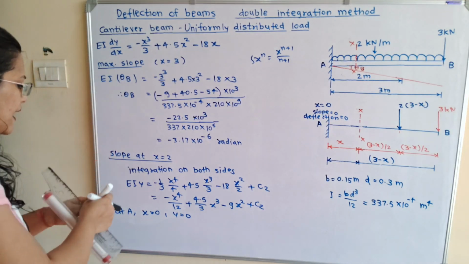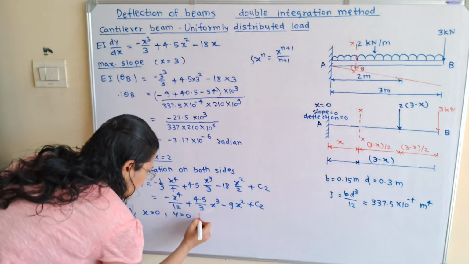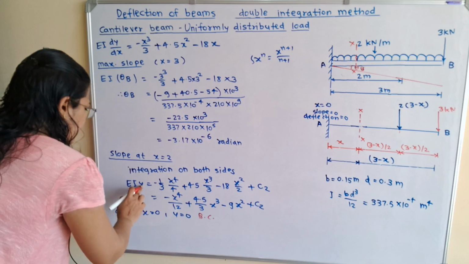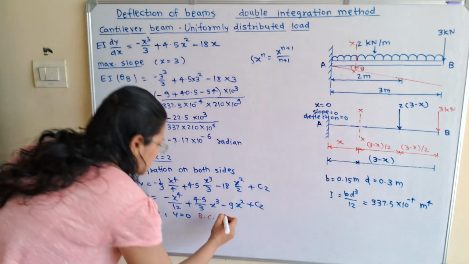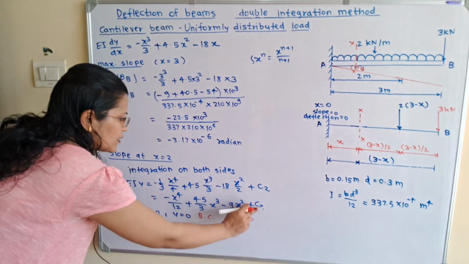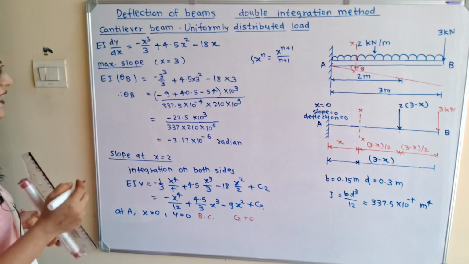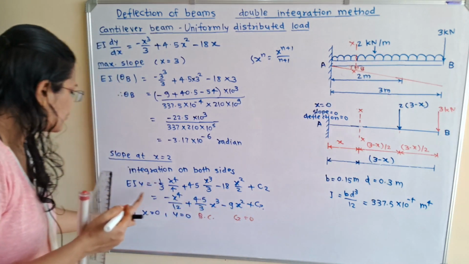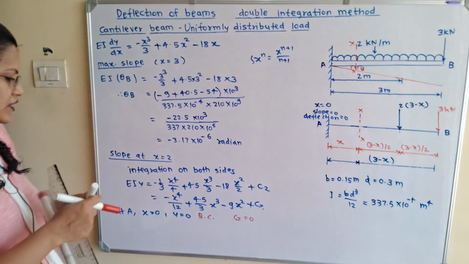So when we apply these boundary conditions, if we put x is equal to 0, then y is equal to 0, then C2 is also equal to 0. So in this equation C2 will become 0. So we will get the deflection equation. Put C2 is equal to 0 and the remaining will be the deflection equation.